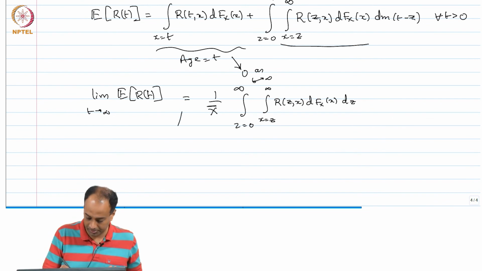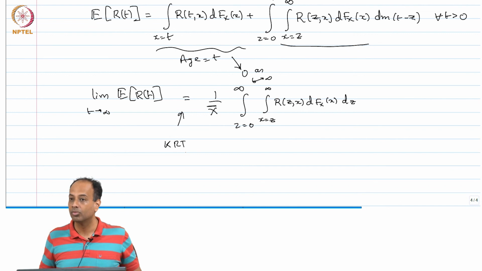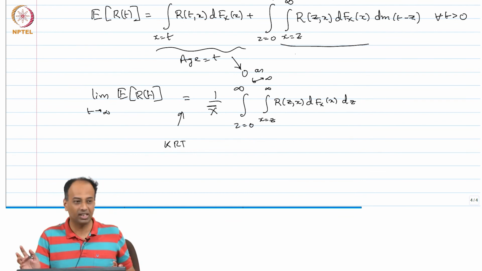This is by the key renewal theorem. I am going from here to here by taking this inner integral as my little r function.